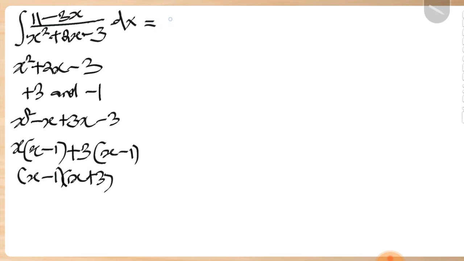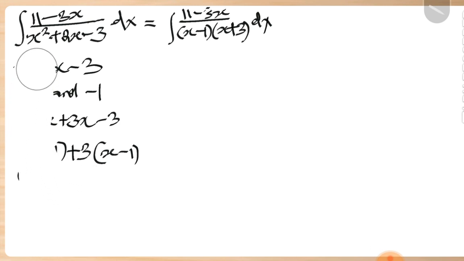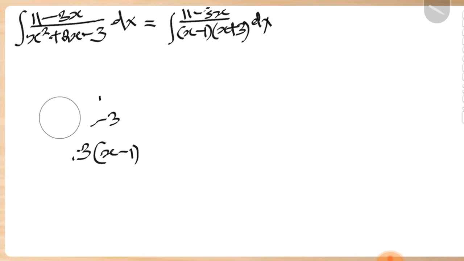So we can write this integral as the integral of (11 minus 3x) over (x minus 1)(x plus 3) dx. Let's clean this a little bit. Alright, so of course we need to use partial fractions to put this in a simpler form.